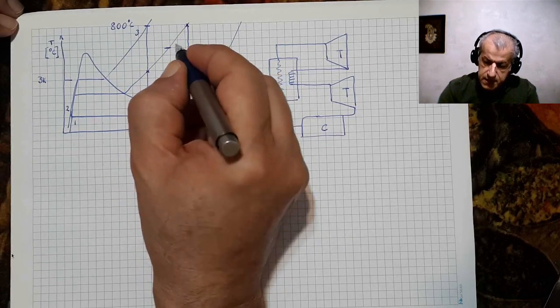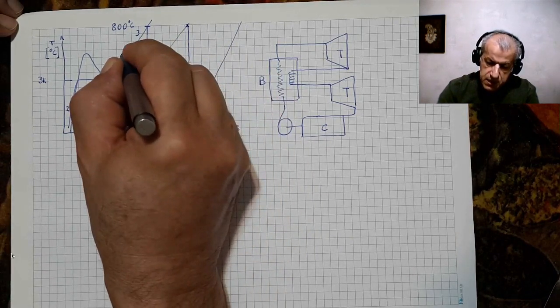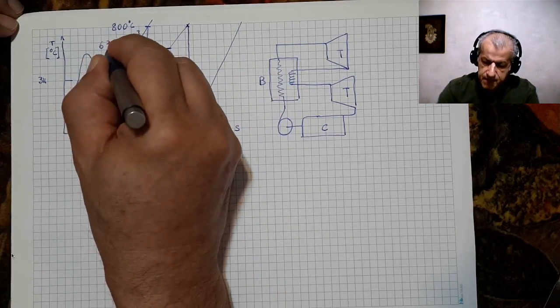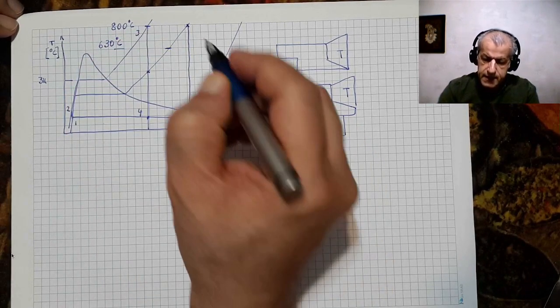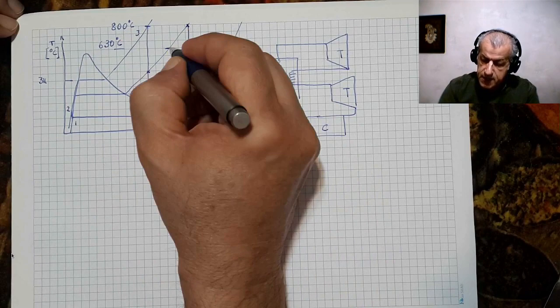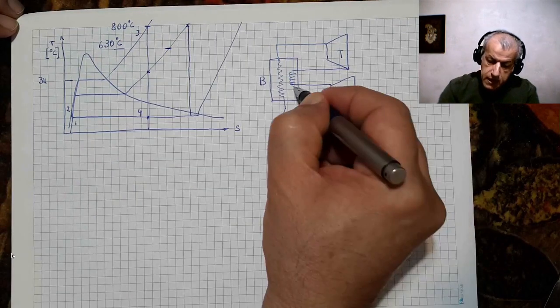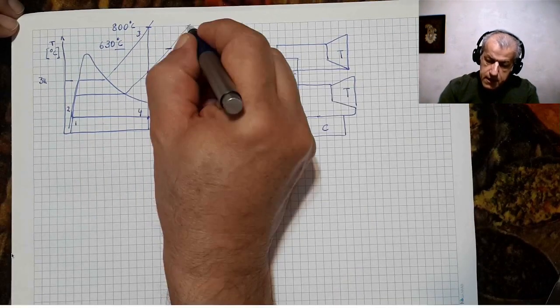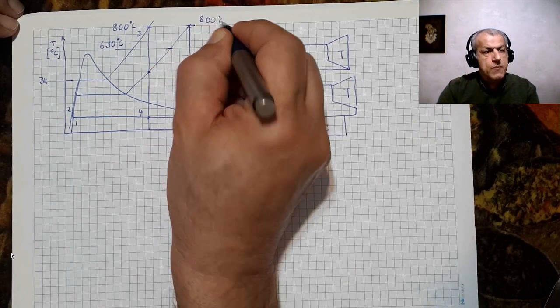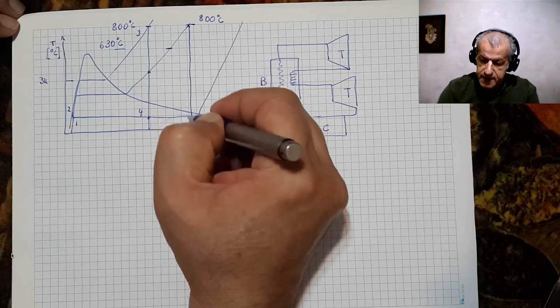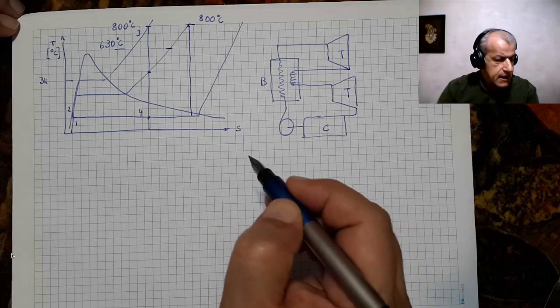The temperature here is 630 degrees C and it is heated in the boiler again to 800 degrees C. And then it's expanded in the next turbine.